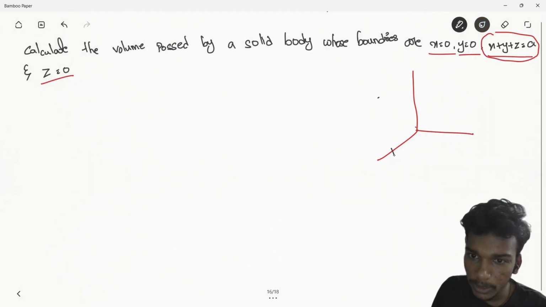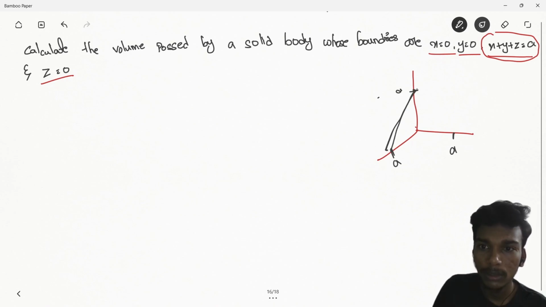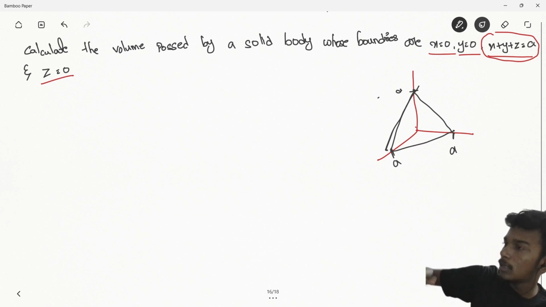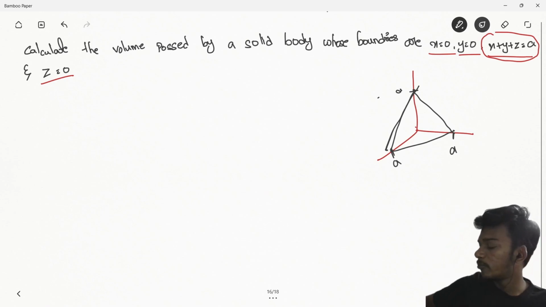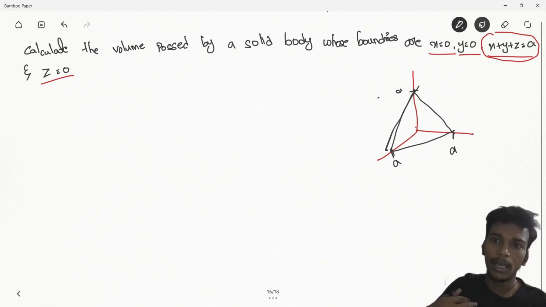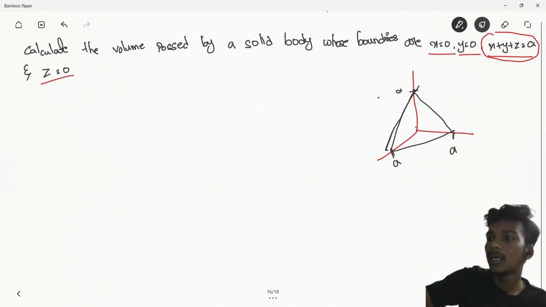I'm forming a plane which connects the three axes. Try to visualize a plane cutting the three axes at a length of a in each of the axes, and we have to find the region bounded from below by x equal to 0 plane, y equal to 0 plane, and z equal to 0 plane, right?